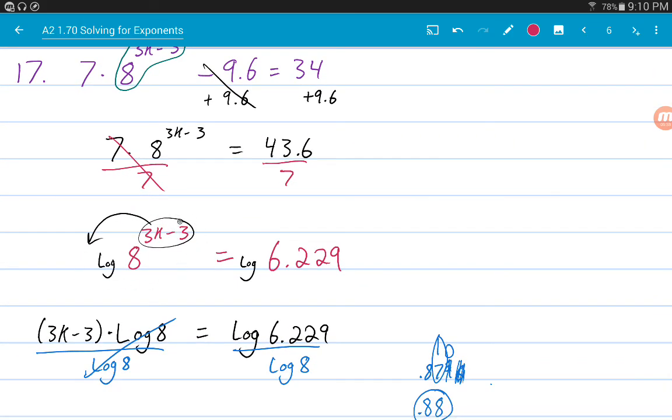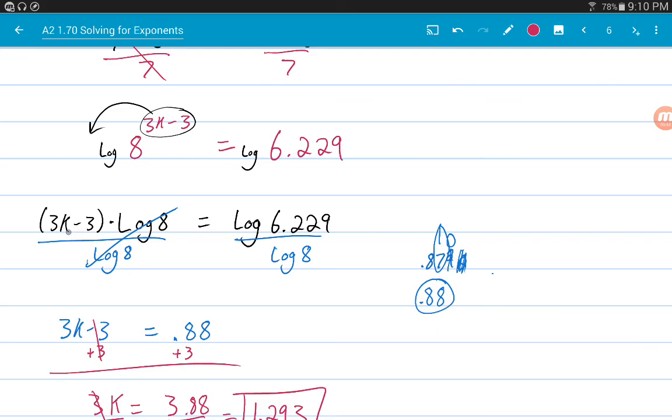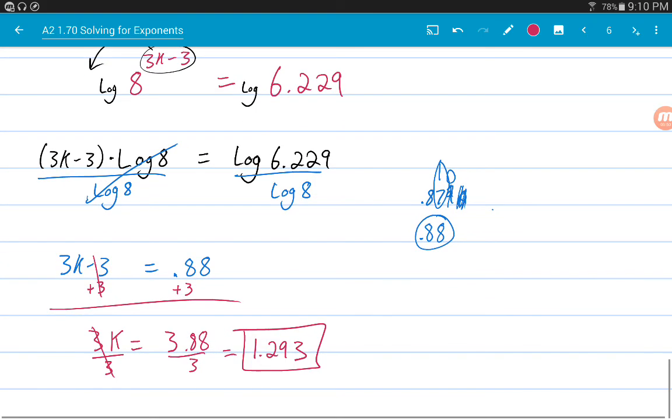Once it's by itself, you're allowed to log both sides in order to bring down the exponent. The exponent comes down in a set of parentheses attached to the front with multiplication. You divide off the log on both sides to get rid of it, and then you just solve for the variable regular style. If you have any more questions with that, you can see me in office hours, or you can rewatch that question. Good luck.